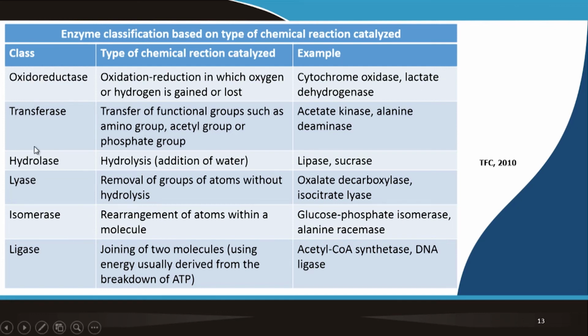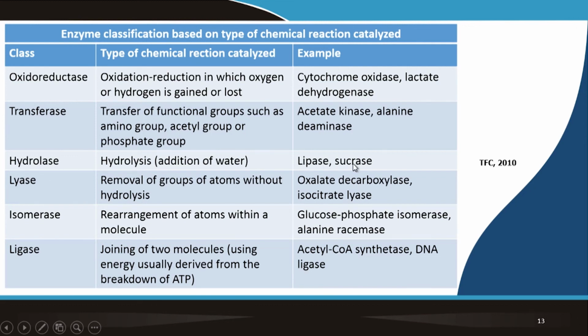Then we come to transferase. Transferase is responsible for transferring functional groups like amino groups, acetyl groups, phosphate groups. These can be transferred using transferase enzymes. So you have examples like acetate kinase, alanine deaminase. The third group is hydrolases, and they are responsible for catalyzing the hydrolysis, which means addition of water.